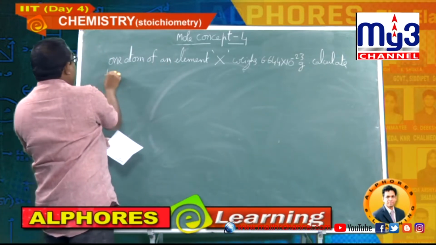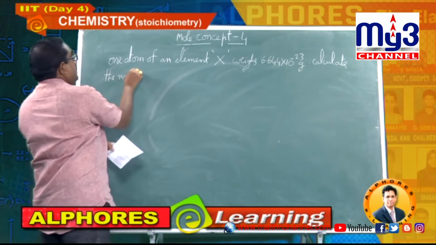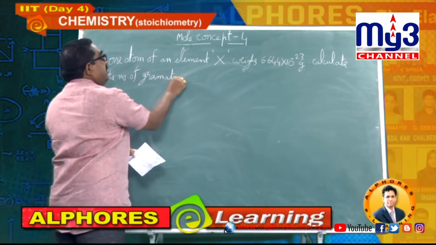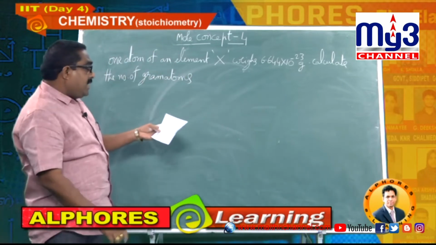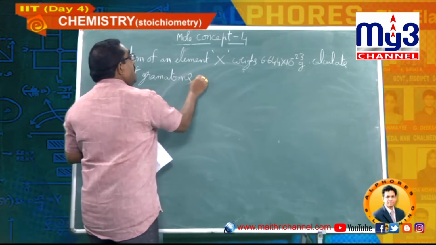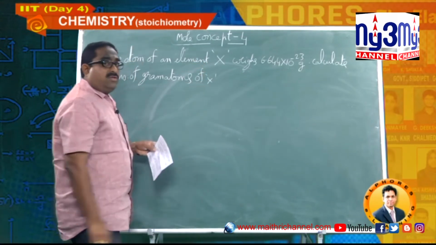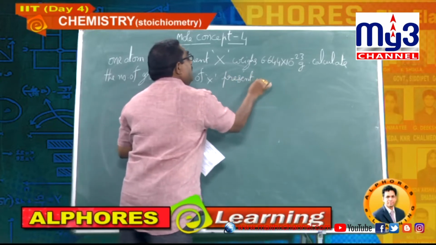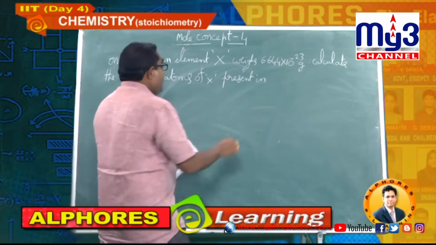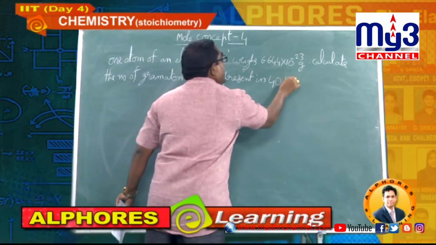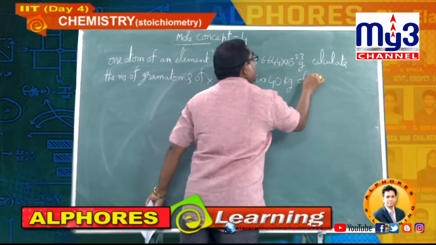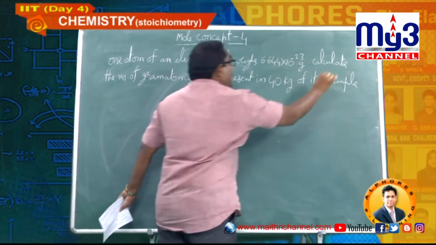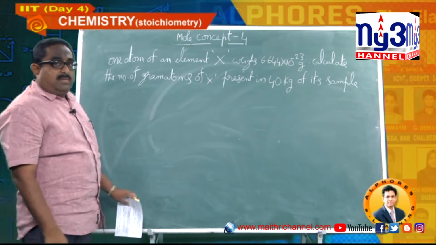Calculate the number of gram atoms of X present in 40 kg of its sample. Please finish off writing down.